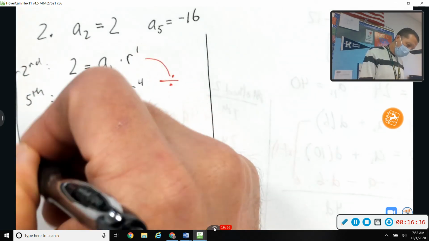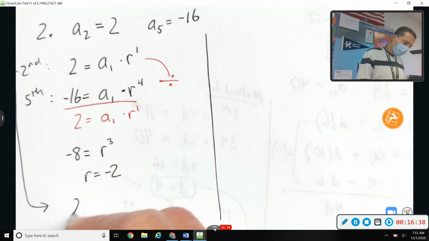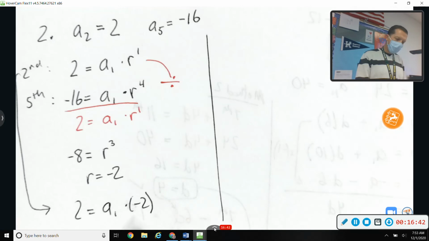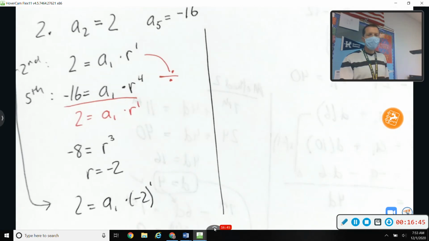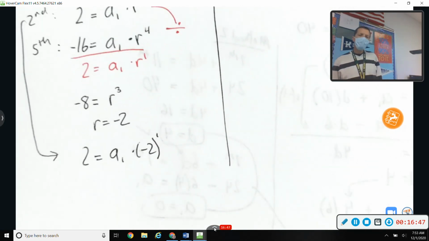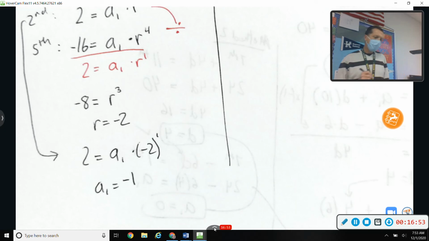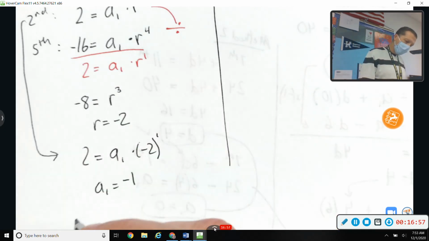We can grab one of those equations. 2 equals A1 times negative 2, I guess to the first, but that doesn't add a whole lot. Divide both sides by negative 2. And A1 is negative 1. So we've got R, we've got A1.